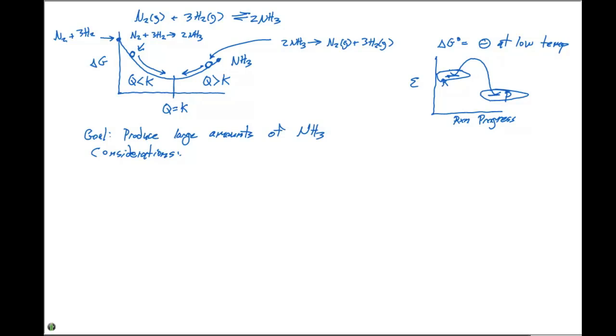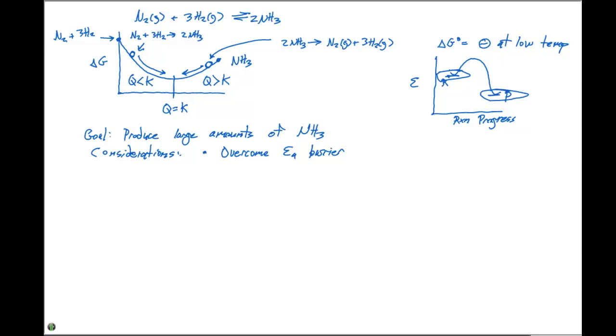But some of the considerations in this process: number one, we have to overcome the energy of activation barrier. From going from reactants to products, overall we're going to gain energy, but it might take a little bit of energy to do that first.